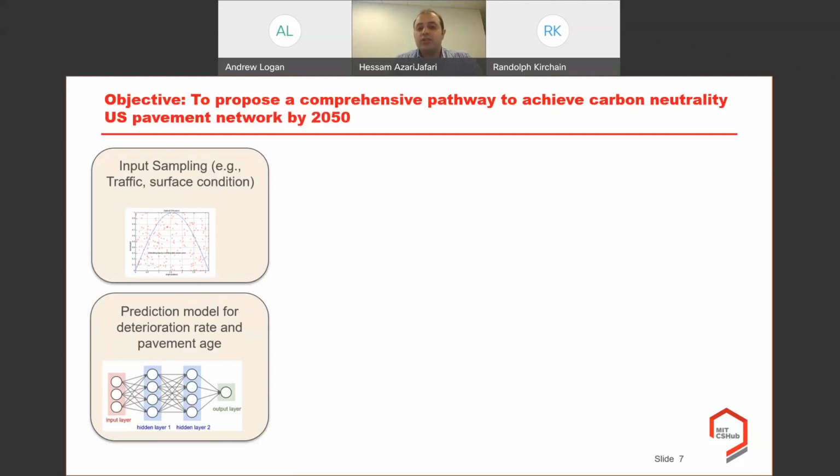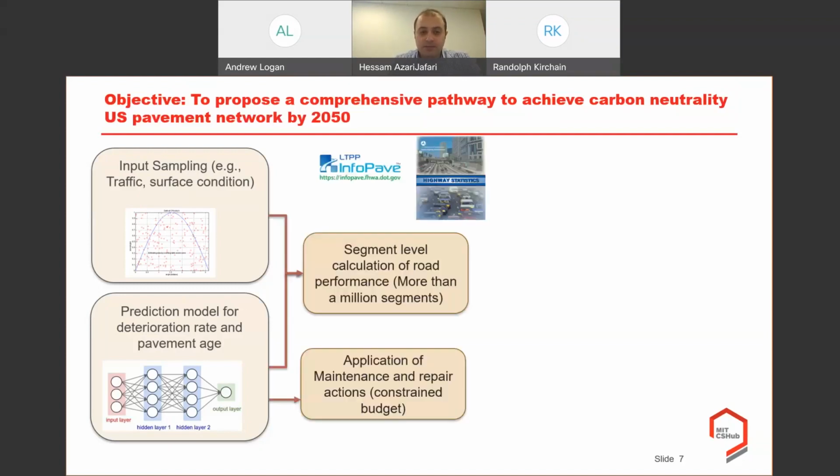We also need to predict the future behavior and the required amount of maintenance and repair actions, and the associated materials as well, which we call, in the context of this pavement study, material flow analysis. And then we have a segment level calculation of the road performance based on the data that we got from highway statistics and long-term pavement program databases.